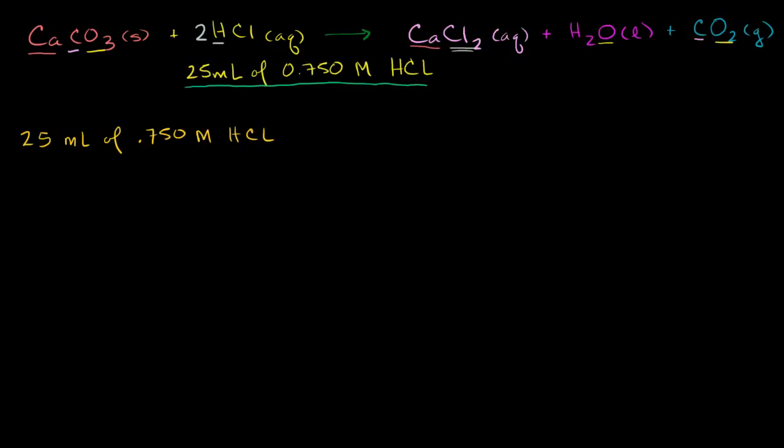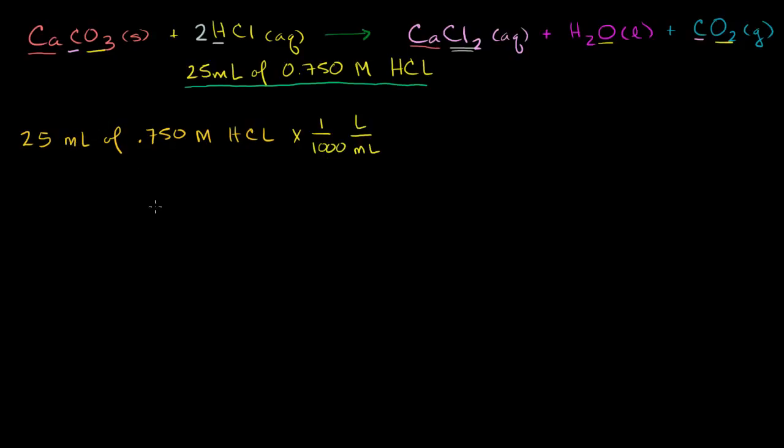So the first thing we need to think about is that molarity is always expressed in moles per liter. This is expressed in milliliters right now. So I want to get rid of the milliliters. I want it to be in liters. So I want to multiply it by liters, I'll just write it as a capital L, per milliliter. And we know we have 1 liter per 1,000 milliliters, or there's 1/1000th of a liter per milliliter, however you want to view it. That's going to cancel out the milliliters.